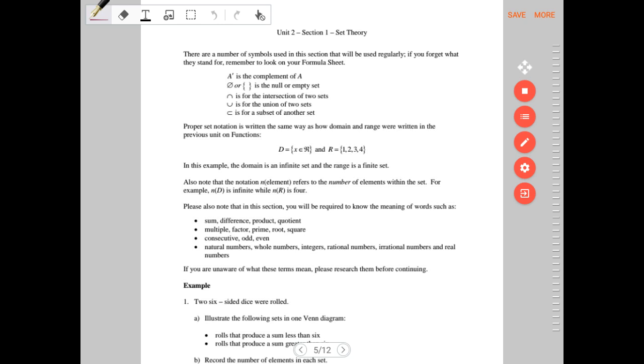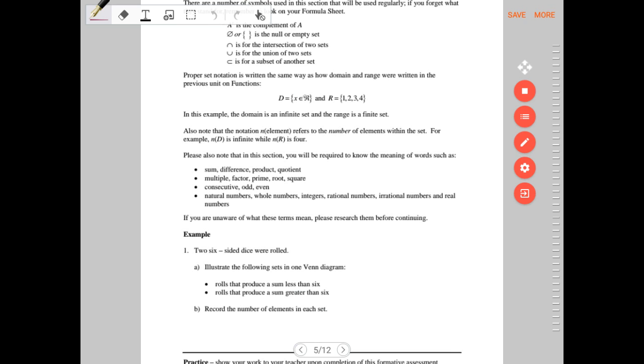Proper notation is written the way domain and range were in previous units on functions. So when we did domain, notice again the curly brackets: x belongs to reals, and the range 1, 2, 3, 4, again in curly brackets. So the curly brackets indicate that it is in set notation. In this example, the domain is an infinite set.